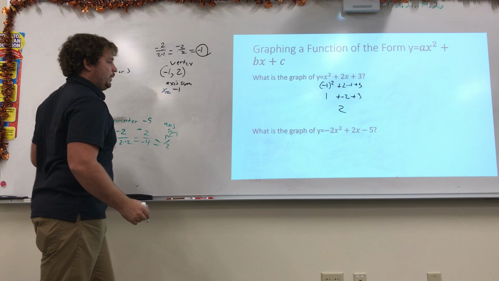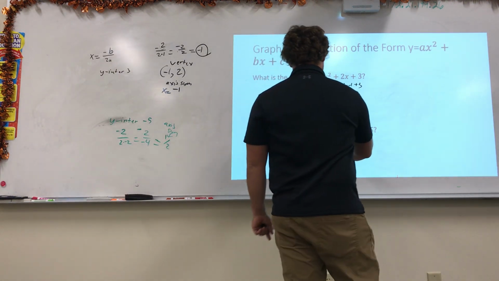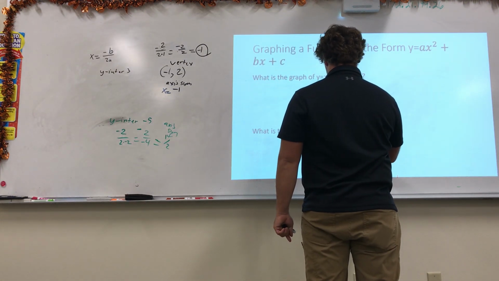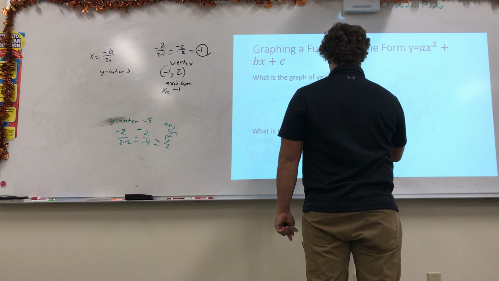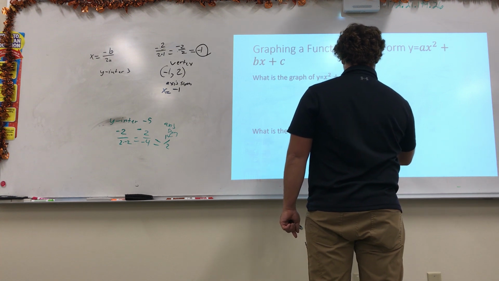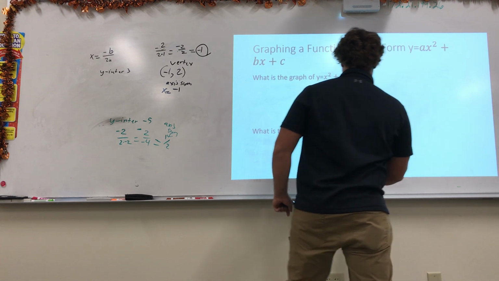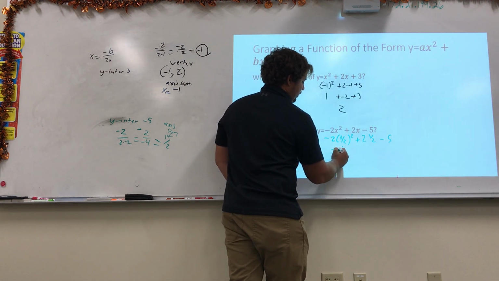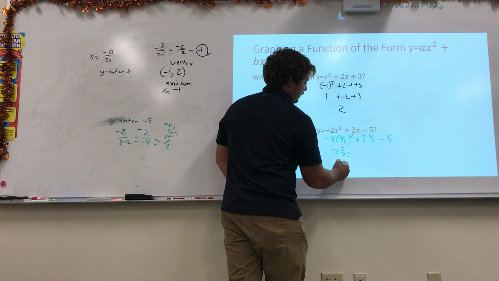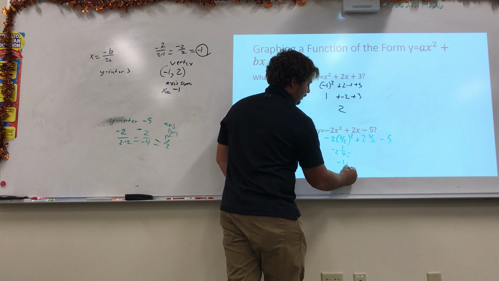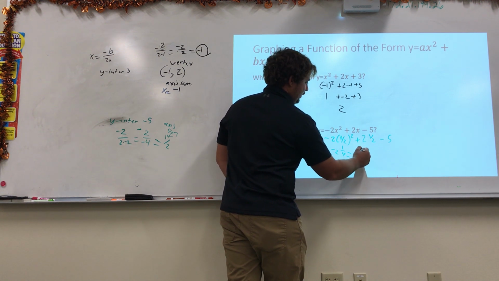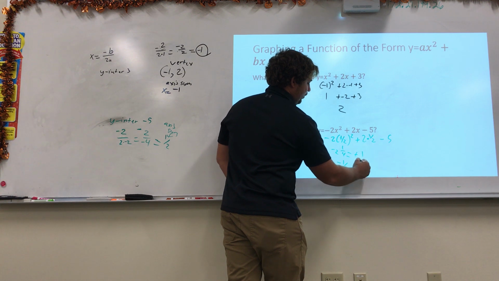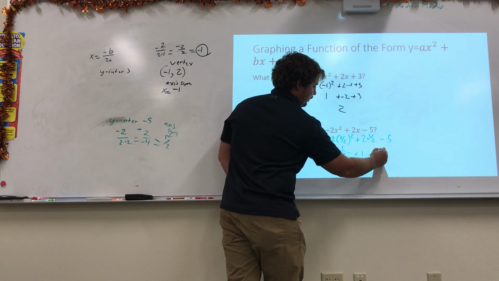Now I'm going to plug it in over here. -2 times 1/2 squared plus 2 times 1/2 minus 5. I'm going to get 1/4 times the -2, which is going to give me -1/2. Plus, multiplying here, I'm going to get 1 minus 5.